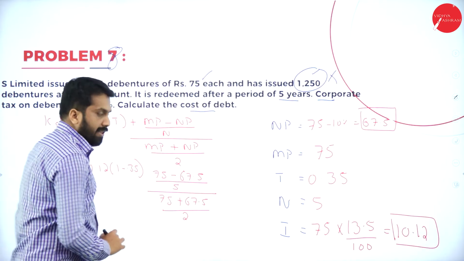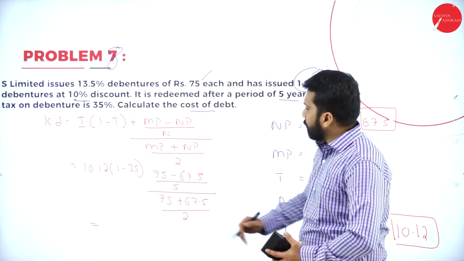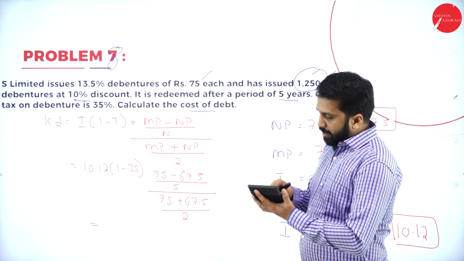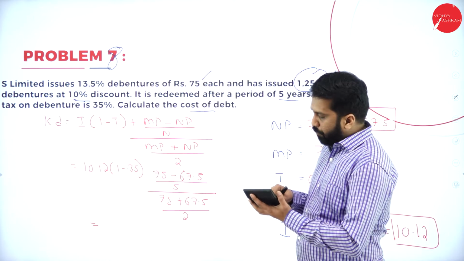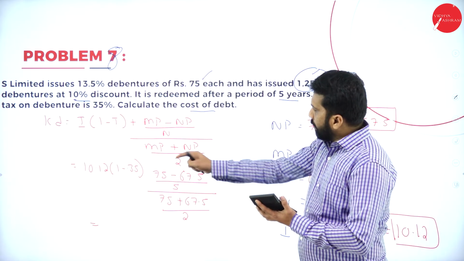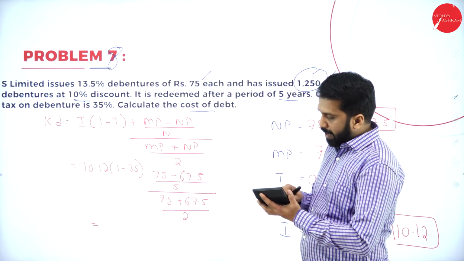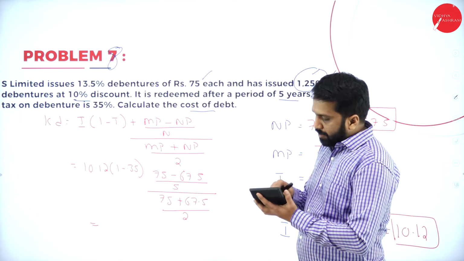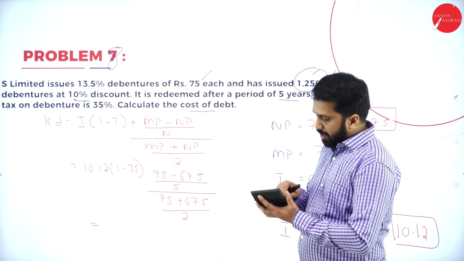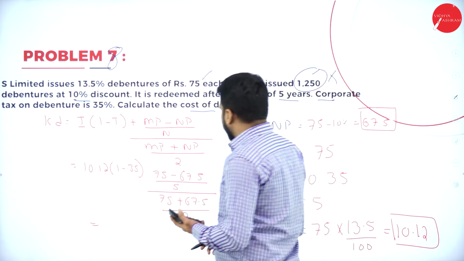These are the calculations. I'll directly go for the final answer because I don't have much space. 75 minus 67.5 divided by 5. So how much will you get? Around 1.5.